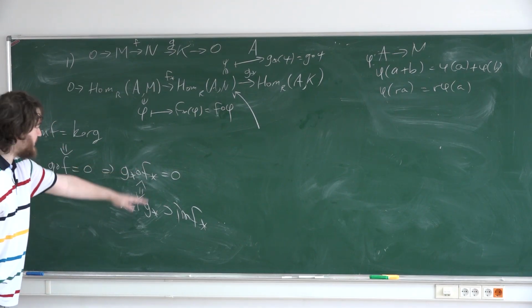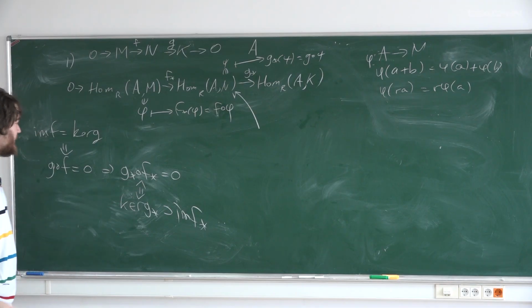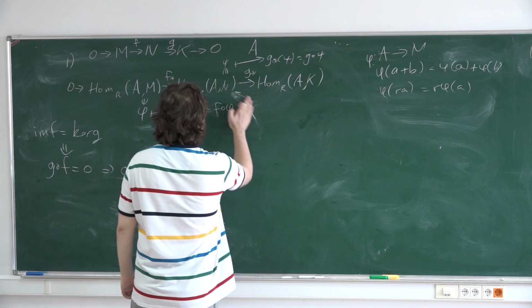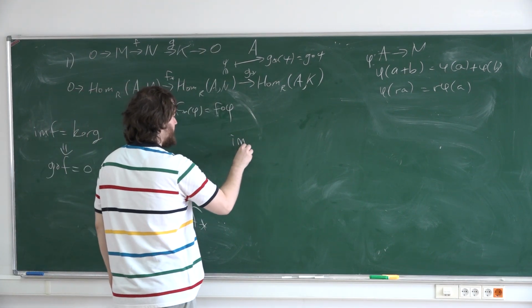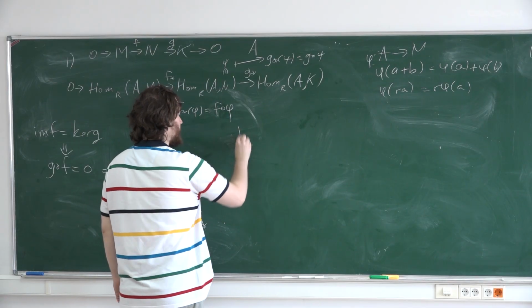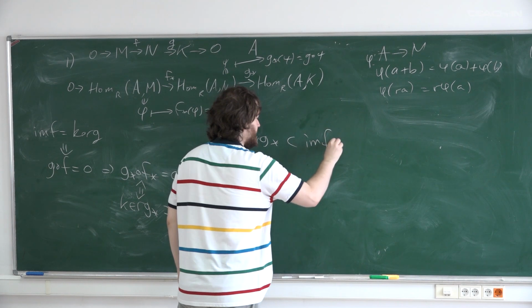So this is 0, and this is equivalent to saying that the image of F star is in the kernel of G star. So this is also obvious. The not obvious part is why we have the opposite inclusion: why the kernel of G star is in the image of F star.